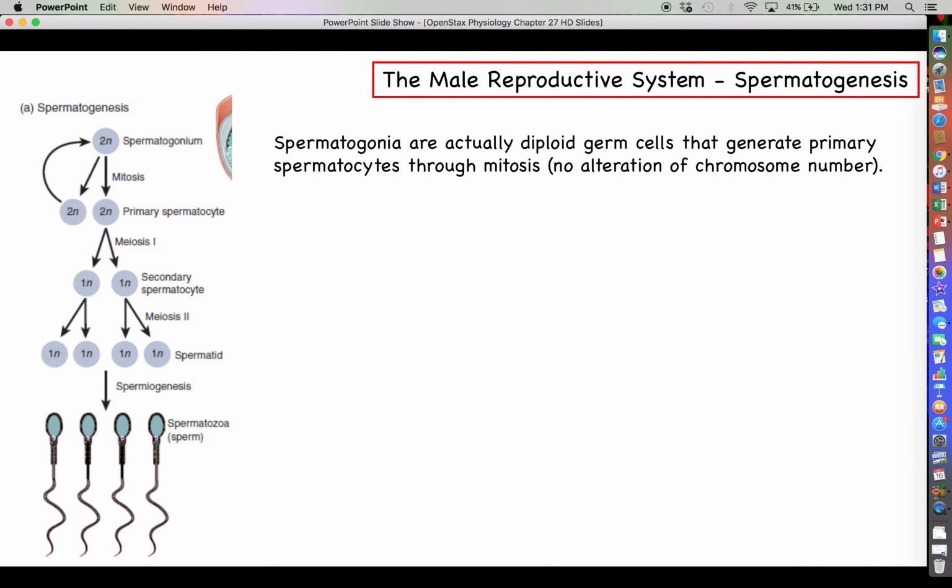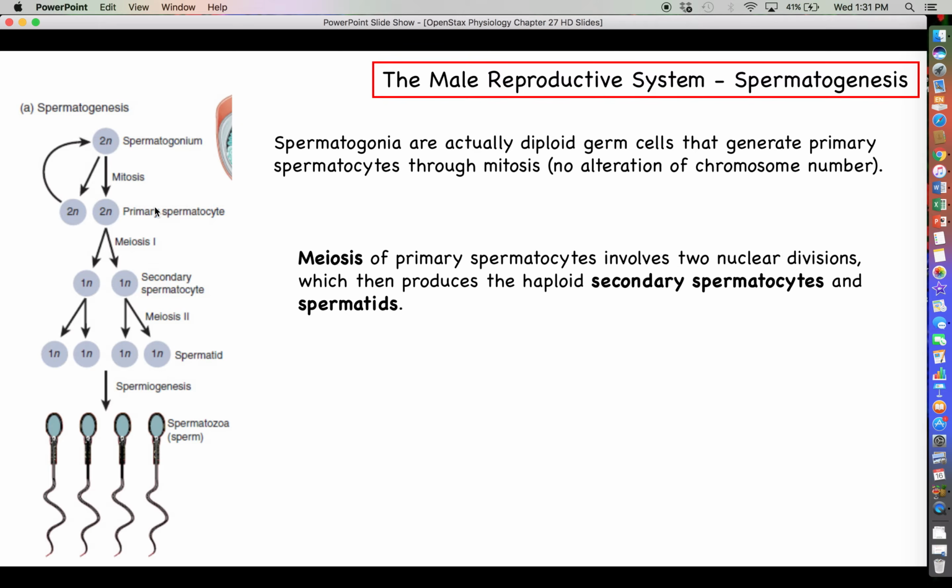So the spermatogonia, the germ cells here, are going to undergo one round of mitosis in order to generate two diploid primary spermatocytes. They will then enter into meiosis, which, if you'll recall from your general biology, is very much distinct from mitosis in that meiosis actually involves two nuclear divisions rather than one.